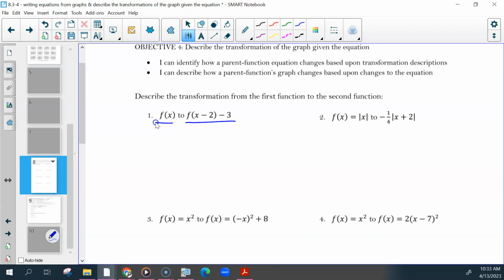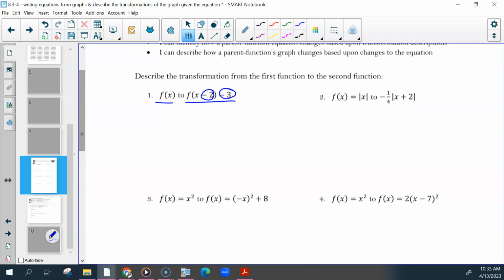It's just saying the function in general. Don't let that part confuse you. We're still looking at what changed. So if this was the original, and now it's this, I see that there's now this -2 inside the parentheses, and there's now this -3. That's going to tell me that two transformations happened, and I just have to list out what they are.